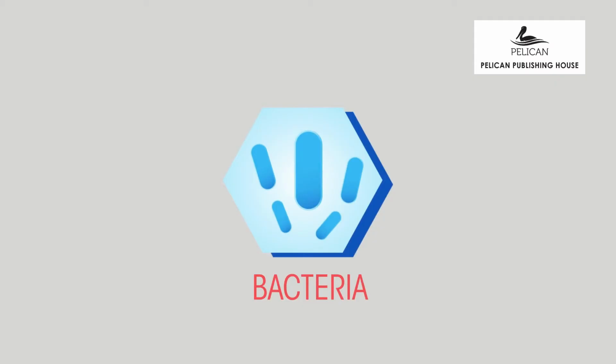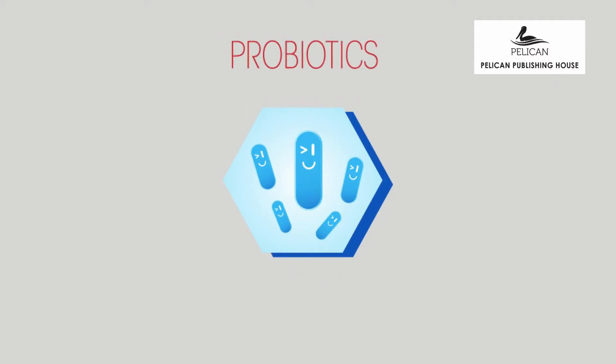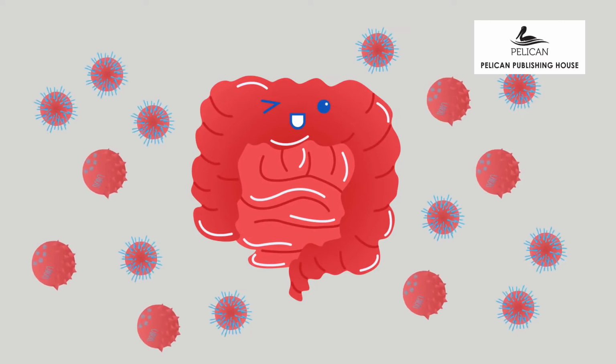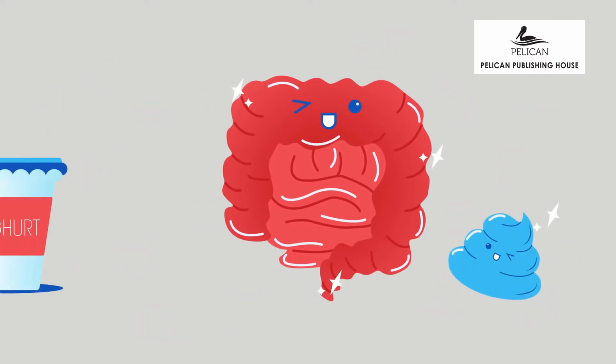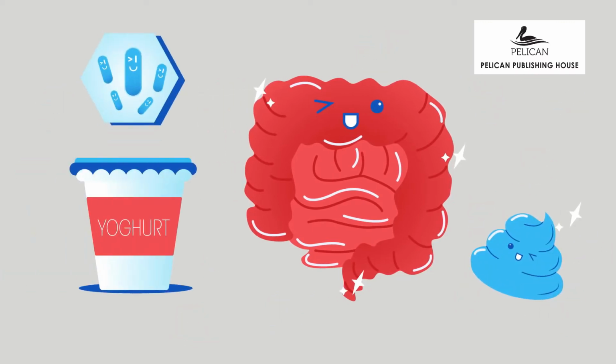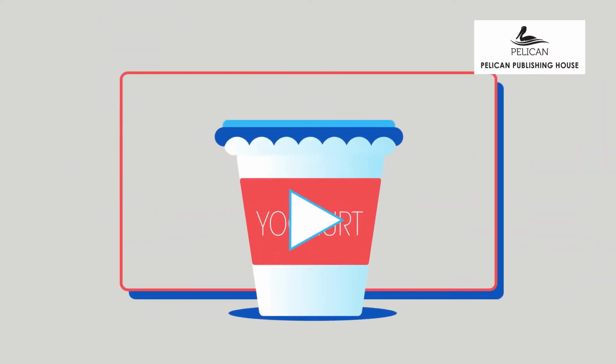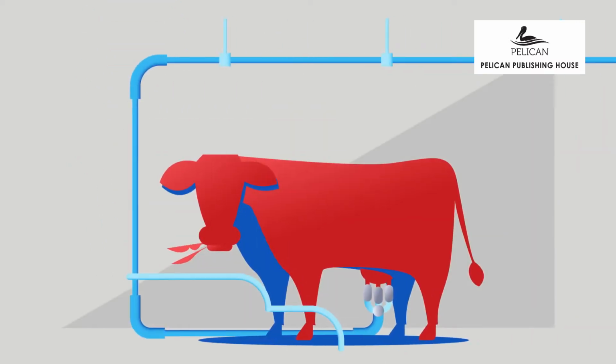Let us think, are bacteria and yeast useful? Not all actions of bacteria and yeast are harmful. For example, bacteria break down the ingredients of milk to make yogurt or curd and cheese.